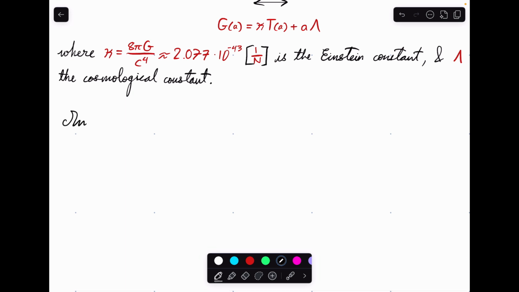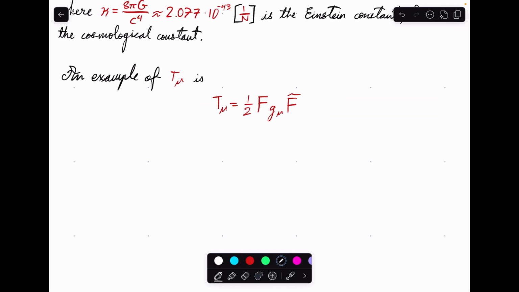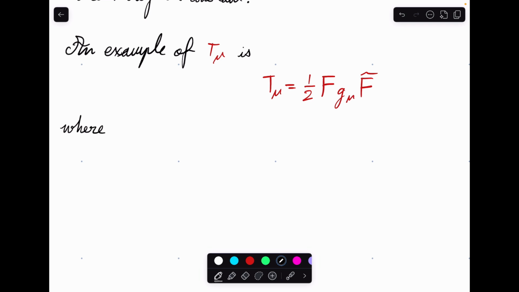So an example of T mu is T mu equal to 1 over 2 F G mu F reverse, where F is a bivector in the spacetime algebra, and it is the electromagnetic field.